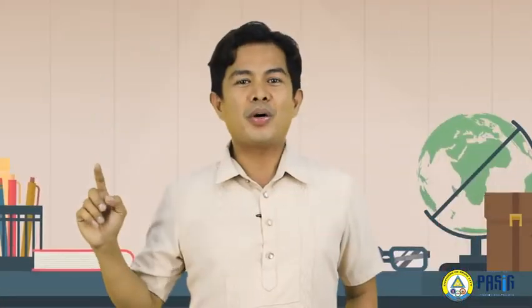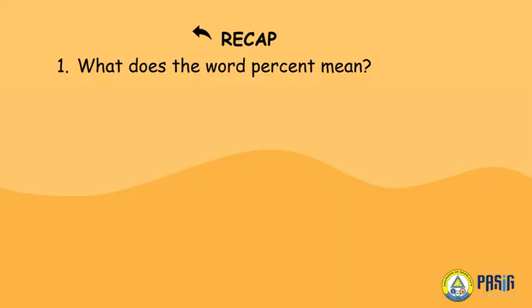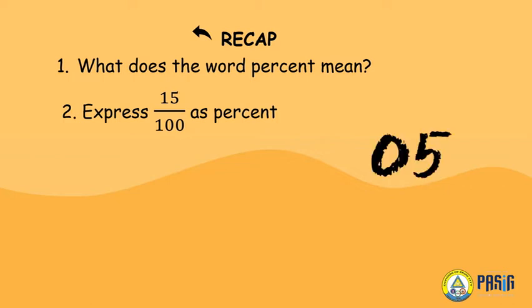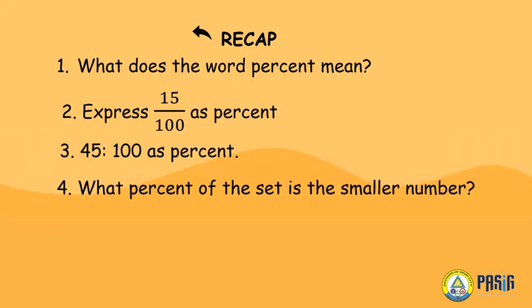This time, we're going to have a short review. Number 1. What does the word percent mean? Number 2. Express 15 over 100 as percent. Number 3. 45 is to 100 as percent.